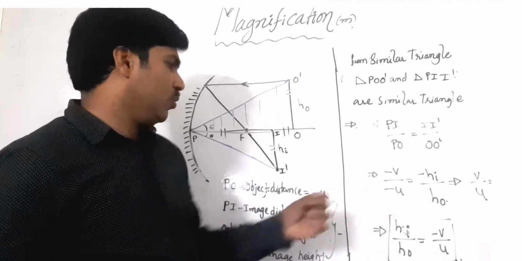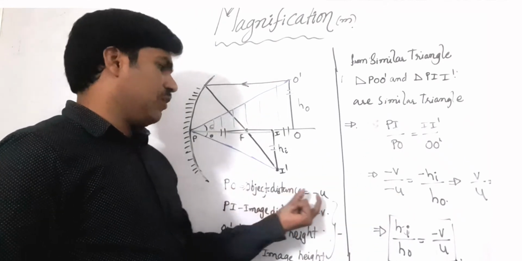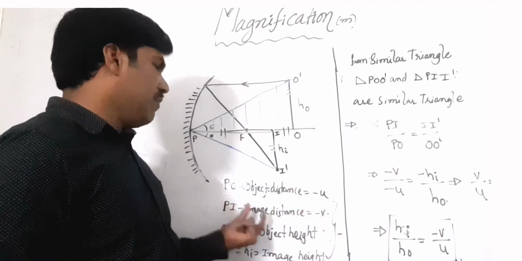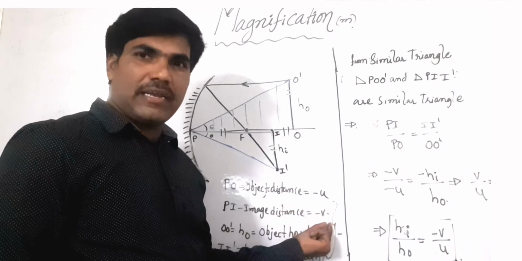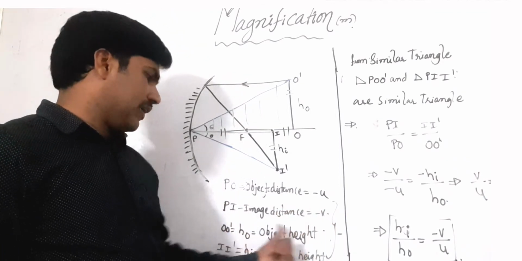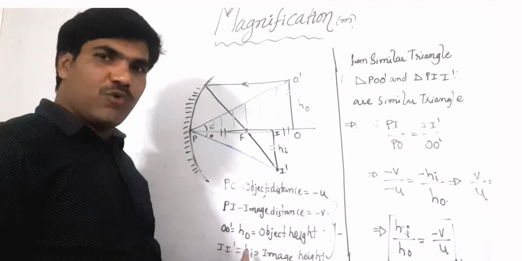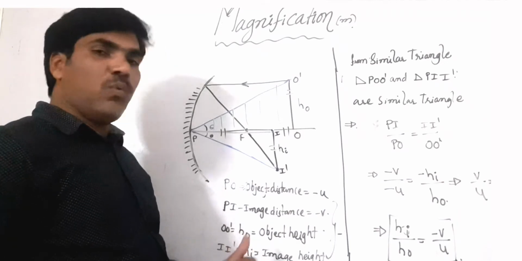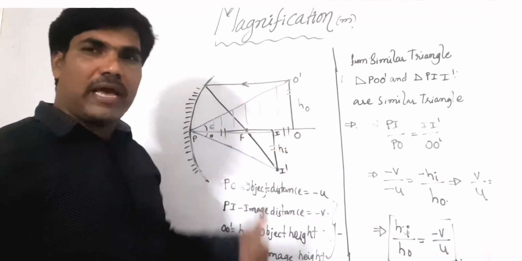You know very well, the object distance PO is taken as minus U, and the image distance PI is taken as minus V. O dash is the object height, taken as HO, and it is positive because it is above the principal axis.